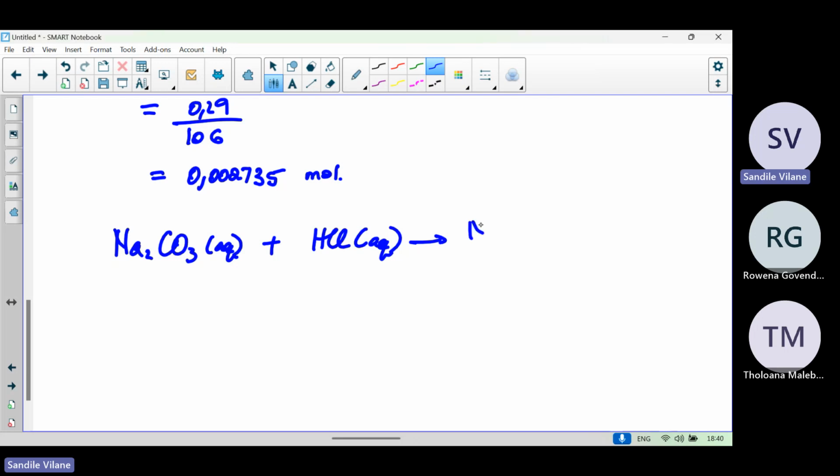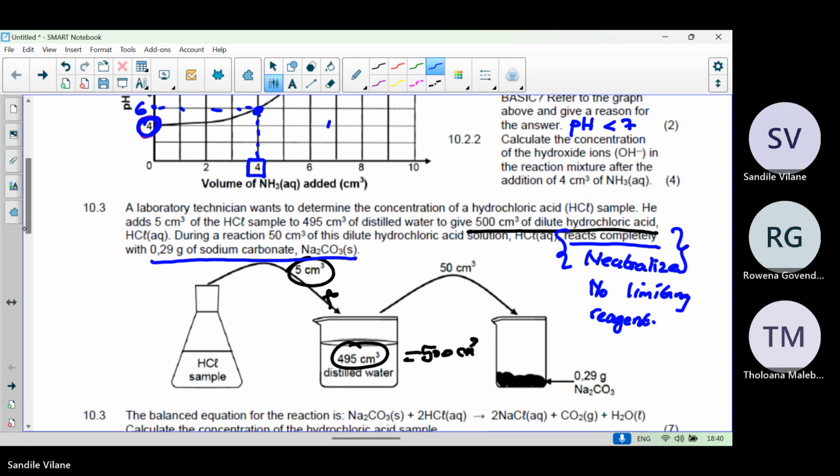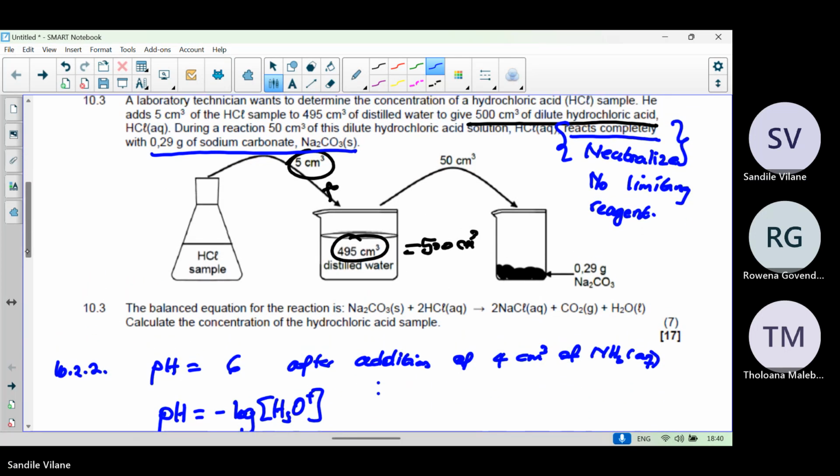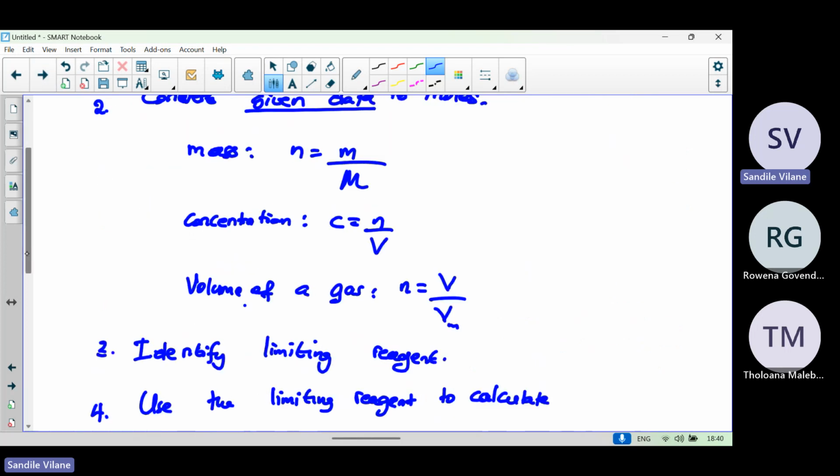It will form sodium chloride, carbon dioxide and water. So balancing this, you have 2. That means we're going to need 2. I think this is now balanced. Let's check. It is balanced, definitely.